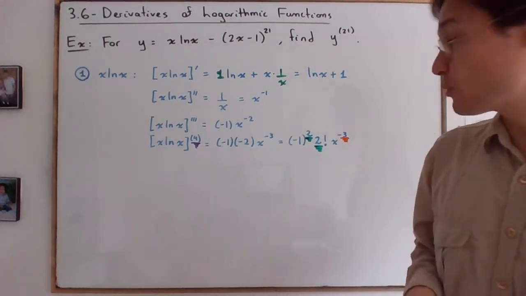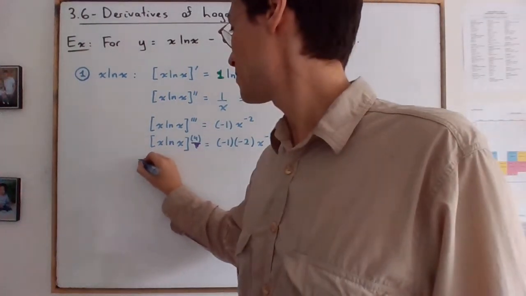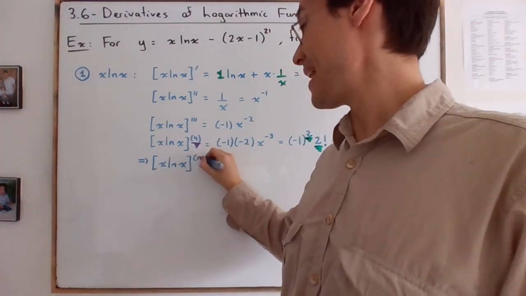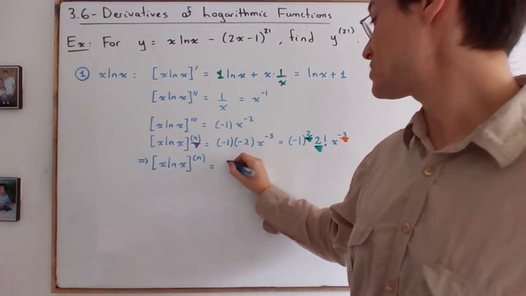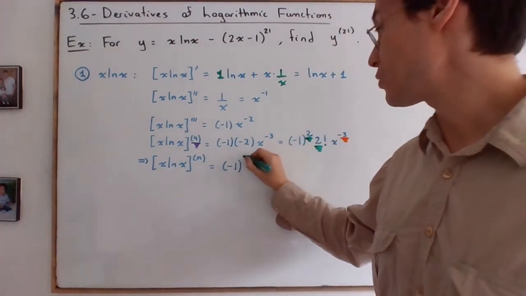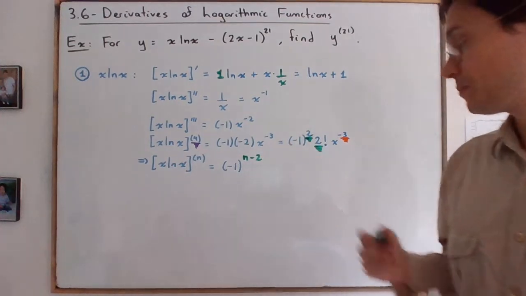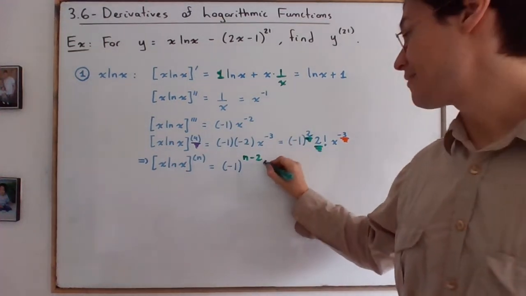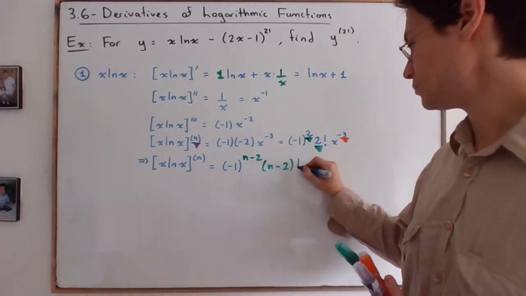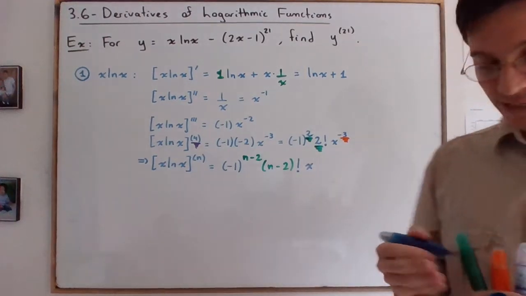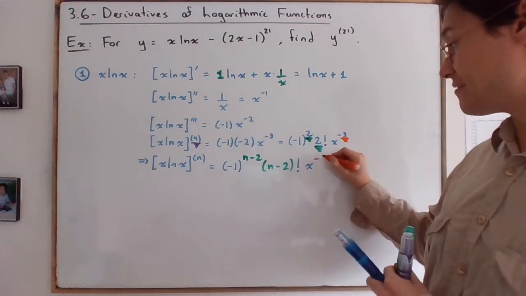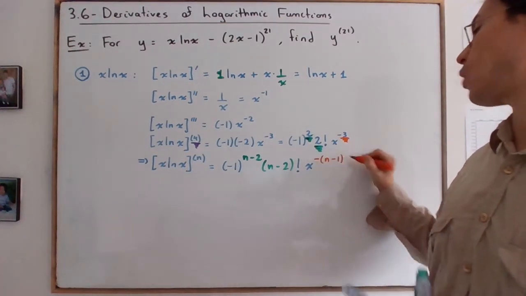So in other words, if we take n derivatives, so x ln of x, if we take n derivatives instead, what will happen is we will have negative 1 to the power of, and instead of 2 here, we will have n minus 2, okay? Then we will have n minus 2 factorial multiplied with x to the power of, and instead of 3, we're going to put the negative here, and n minus 1.